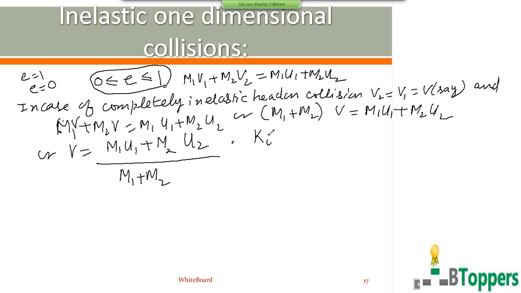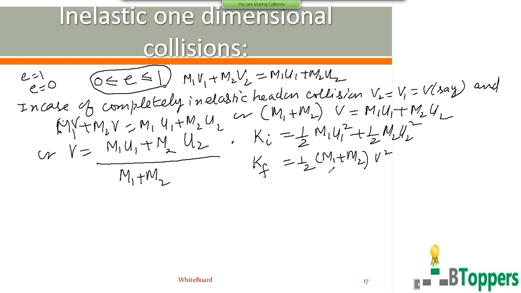The initial kinetic energy of the two colliding bodies before collision, I denote by Ki, is equal to half m1 u1 square plus half m2 u2 square. The final kinetic energy of the two colliding bodies after collision, I denote by Kf, is equal to half m1 v square plus half m2 v square, or half (m1 plus m2) times v square.